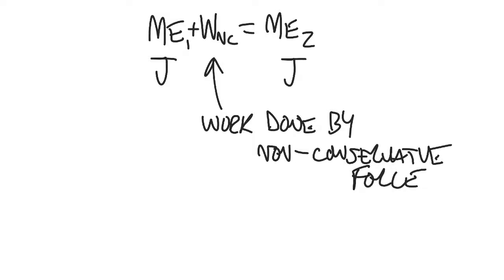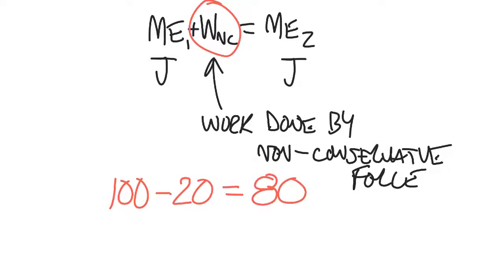What this piece does is tell us how many joules were lost to a non-conservative force like friction or air resistance. For example, maybe we start with 100 joules and there's 20 joules of work done by friction. So we lose those 20 joules, and that means we would have 80 joules later on. That could be a kinetic energy of 80 joules or a gravitational potential energy of 80 joules.